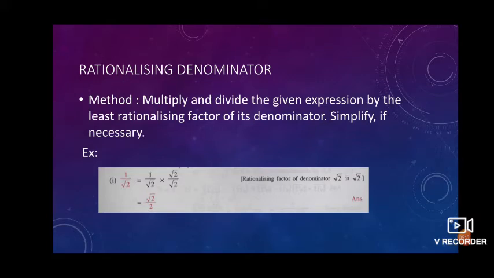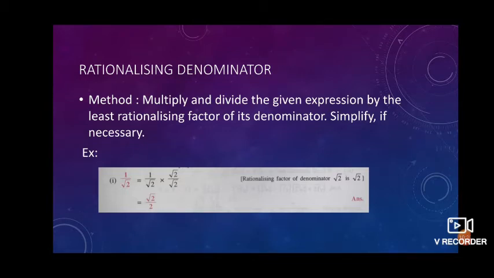With whatever number we multiply the denominator, we can convert it into a rational. That we will see, and we will multiply with that number both numerator and denominator. Then we will get finally the denominator as a rational number. This process is called rationalizing the denominator.